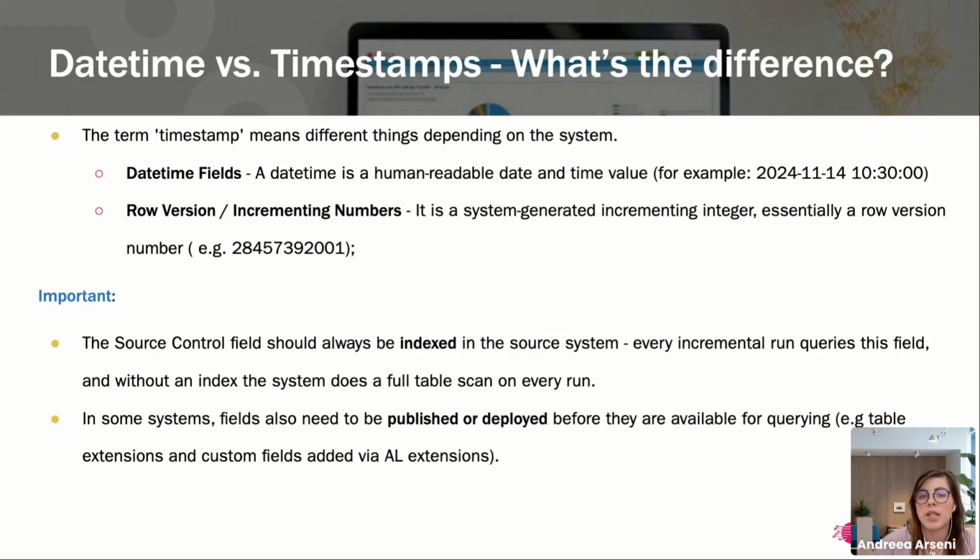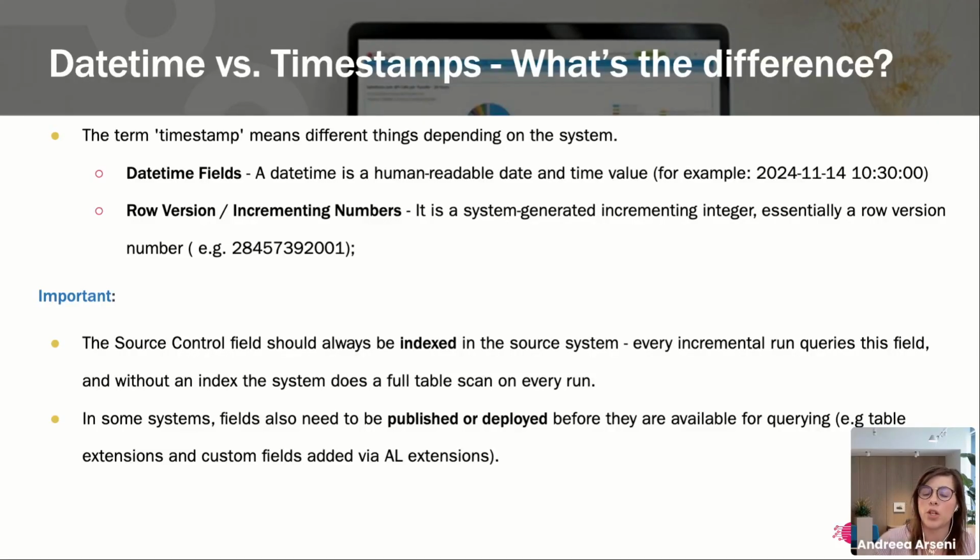You have to make sure it's indexed in that specific source system, because when you run your transfers or data flow, those will run based on your source control, which would be a datetime or a timestamp field. In some systems, you also have to publish this field. For example, in Business Central it's a system field, but it's not available on the page itself, so the end user cannot see it.